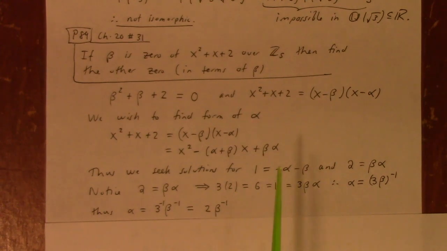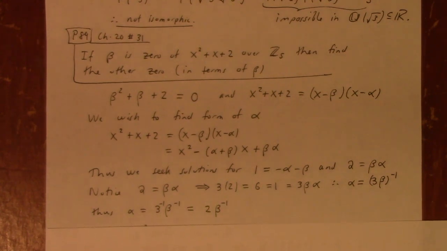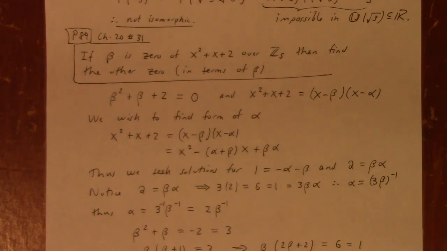Because the product of alpha and beta is 2, that implies that multiplying by 3, I get alpha times 3 beta is equal to 1. So that says that, again, alpha is 2 beta inverse in this context. Now, the multiplicative inverse of 3 is 2 in mod 5, all right? So, great. That's one answer, that alpha is 2 beta inverse, but we can do a little bit better than that, because what is beta inverse?